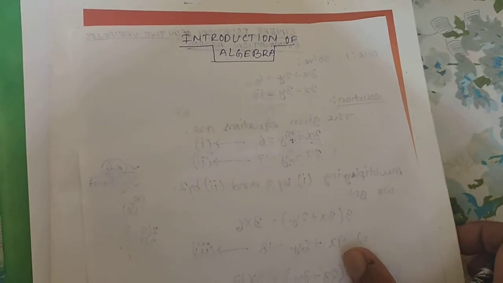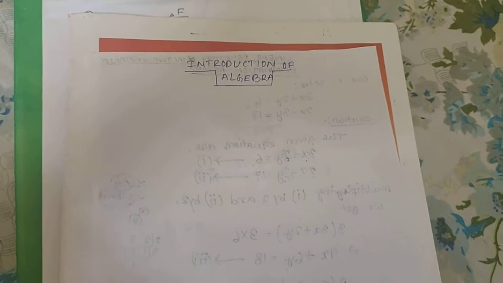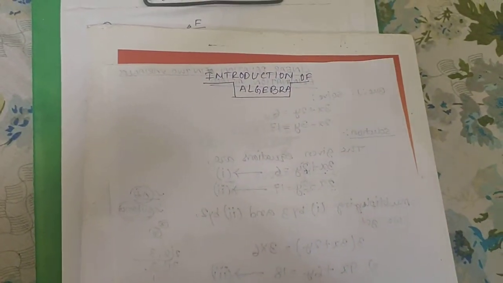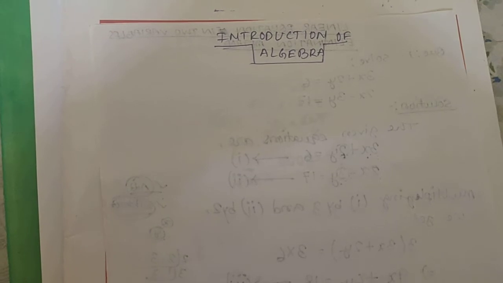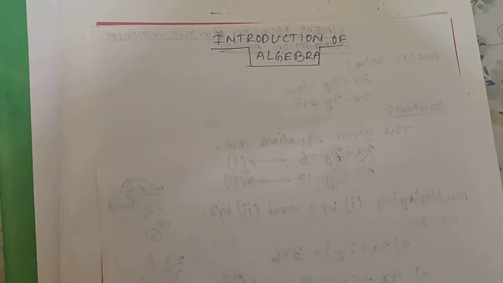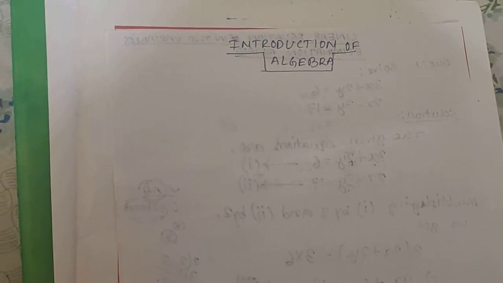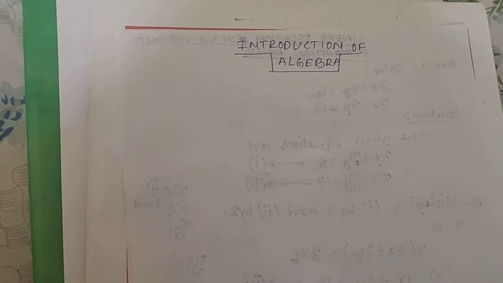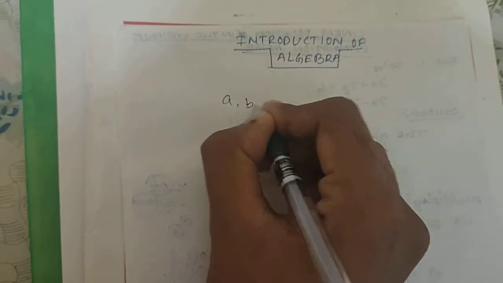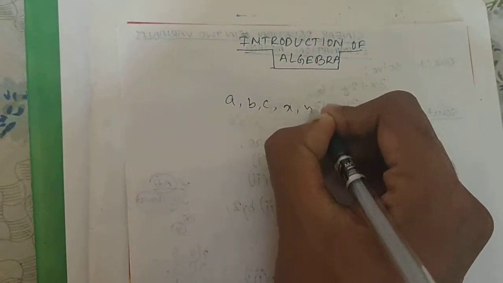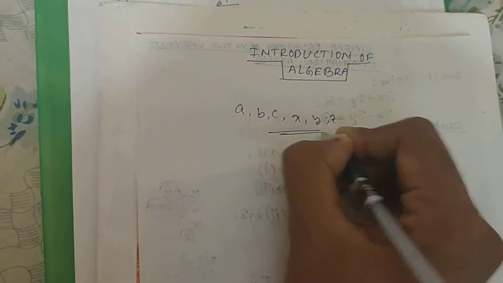So first we have to know what is the meaning of algebra. Algebra is a generalized arithmetic in which numbers are represented by letters, known as literal numbers or simply literals. The formation which contains letters, suppose A, B, C, X, Y, Z, these are letters.